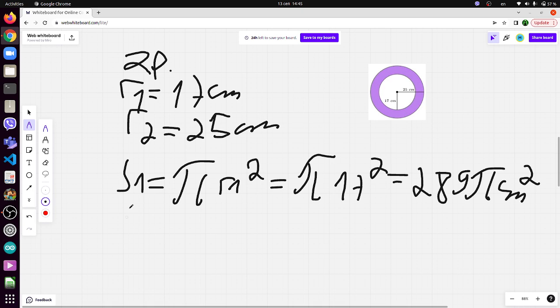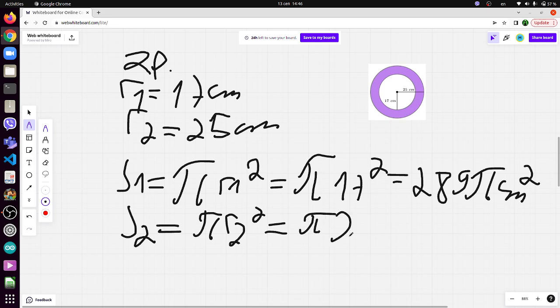The second, S2, is pi R2 squared, which is pi times 25 squared, or 625 pi centimeters squared.